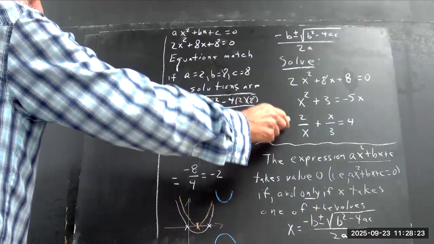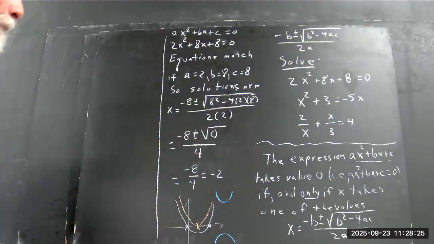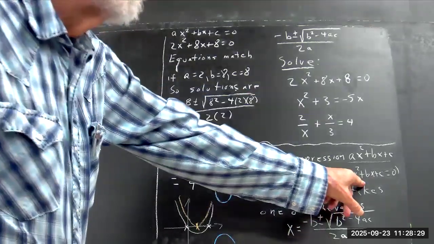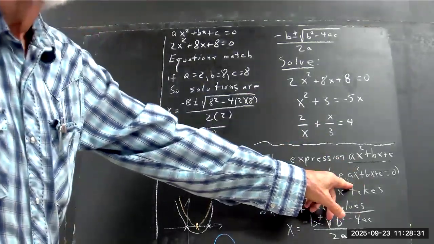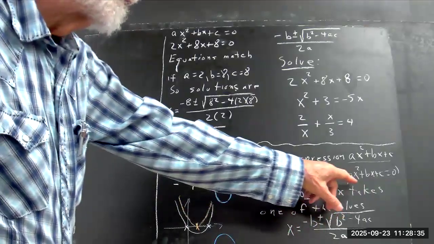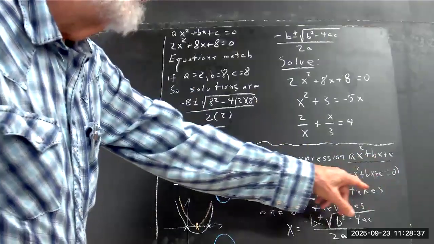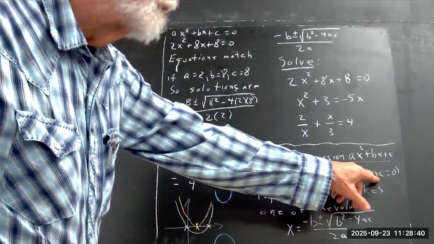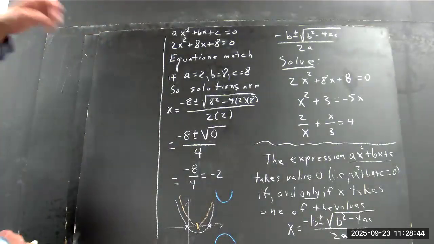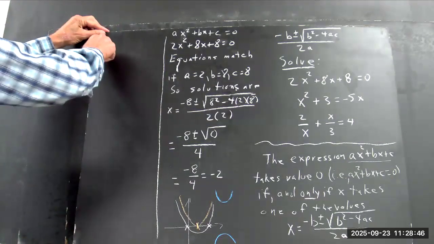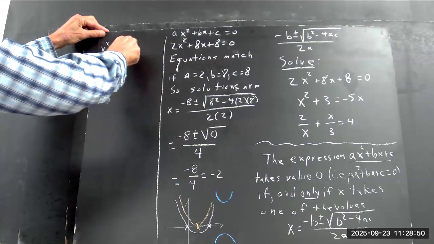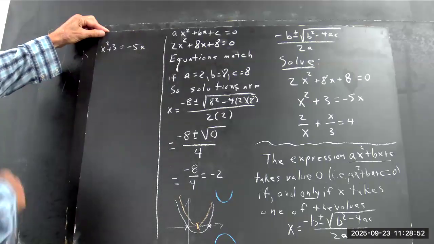Okay, now, I'm not going to actually solve these two equations, but I'm going to put them both into the necessary form, because neither of these equations is in this form. Okay? It's not ax squared plus bx equals c. It's ax squared plus bx plus c equals 0. Okay, so we've got x squared plus 3 equals negative 5x.